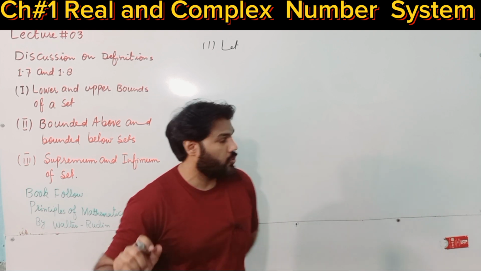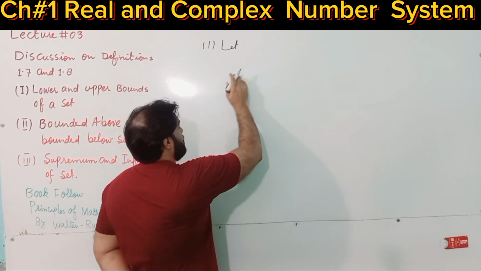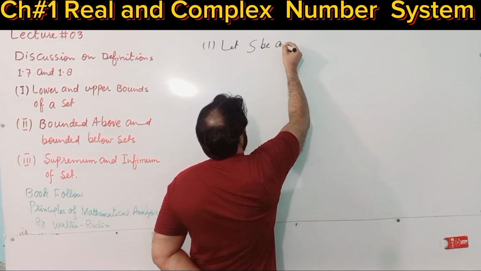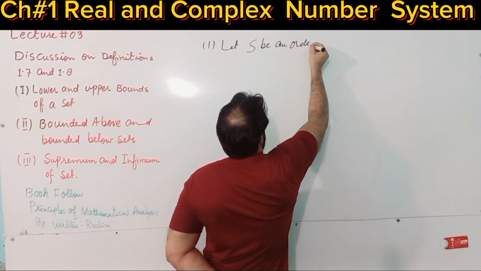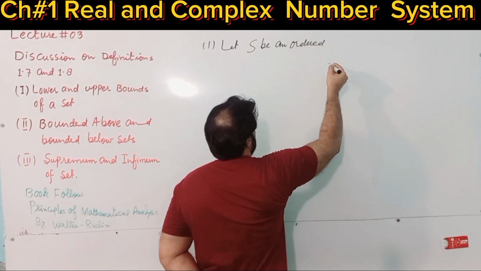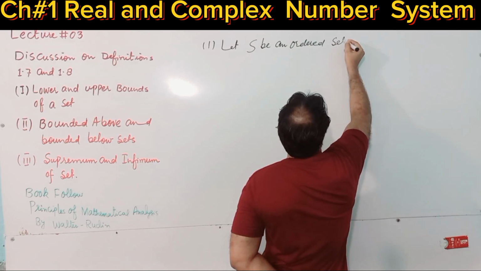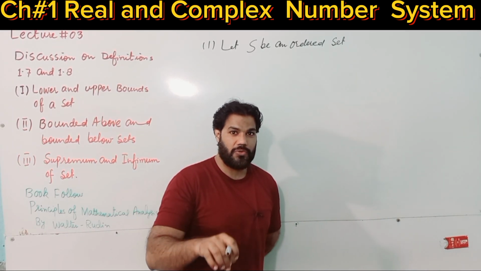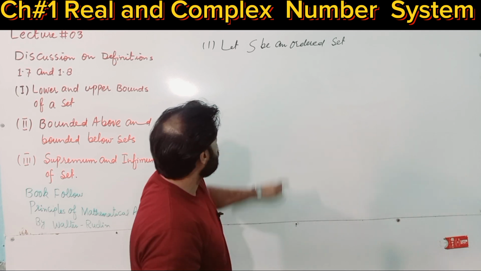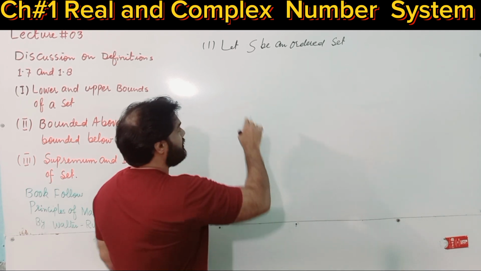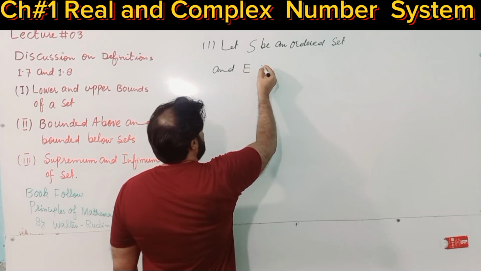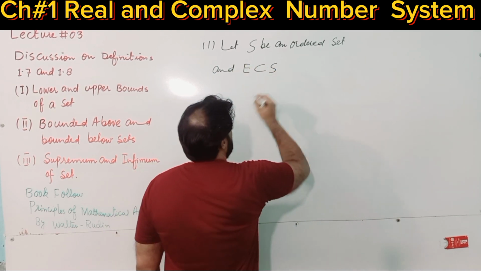So according to this book, let S be an ordered set. A set is called an ordered set if an order can be defined on that set. So let S be an ordered set and E is its subset, E is a subset of S.